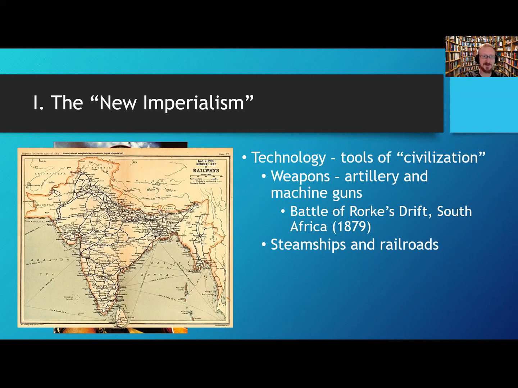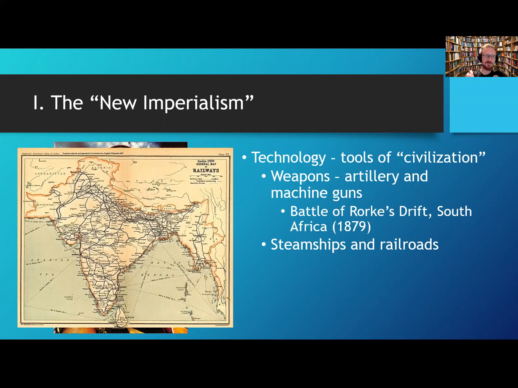Well, revolutions in technology enable the British to do this in India. They crisscross the map, as you can see here, with rail lines. They're able to send troops to reinforce spots that are in uprising or revolting or hot spots. They're able to bind the whole subcontinent of India together in trade and imperialism.